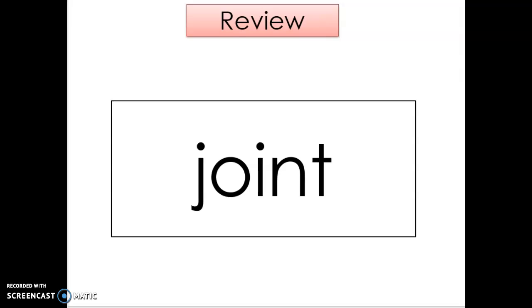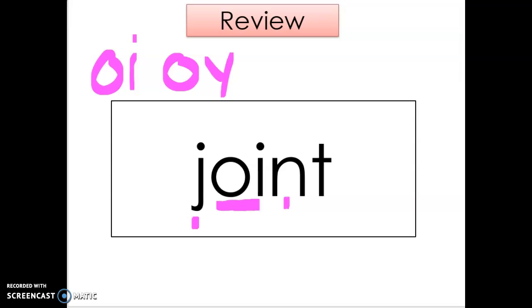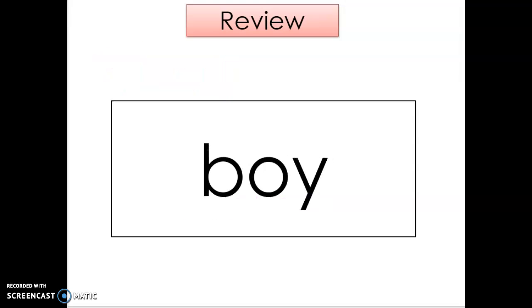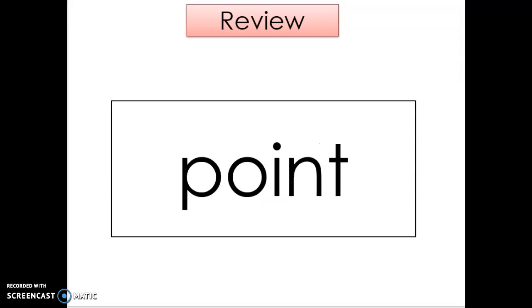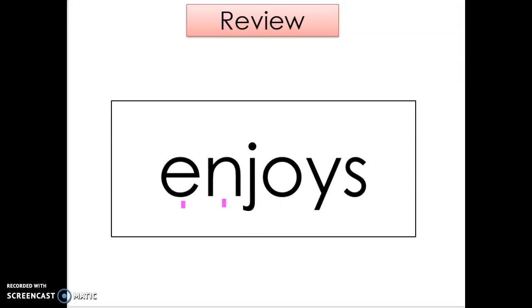All right, so last week we talked about the boy card. Boy card can say oi, oi, and it is spelled O-I or O-Y. So right here we have j, oi, n, t. The word is joint. Next word, think, say.